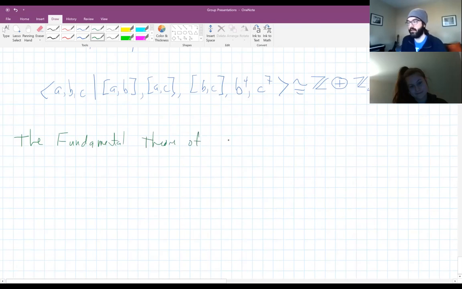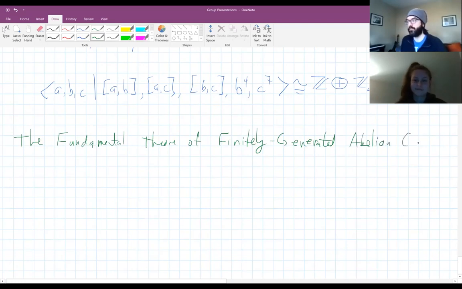I think in abstract algebra, you learned the fundamental theorem of finite abelian groups. Now we're going to do finitely generated abelian groups, where a group is finitely generated if it's generated by a finite set.